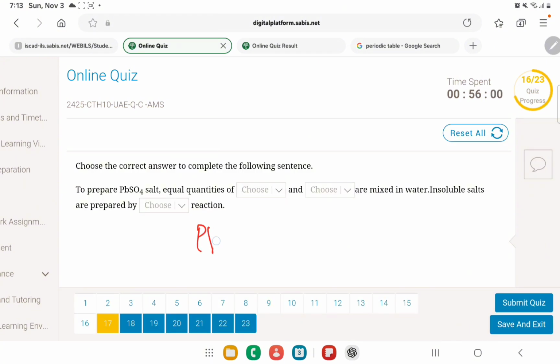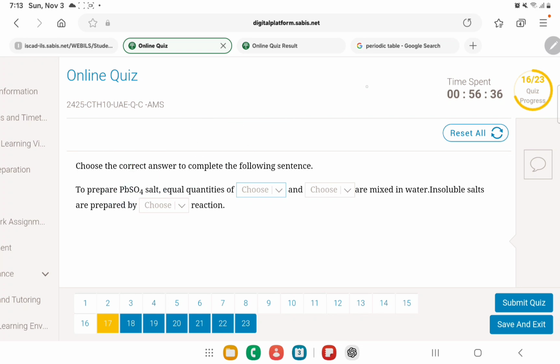To prepare PbSO4, equal quantities of... Okay, so first we're going to check if it's soluble or insoluble, so we know which method we need to use to prepare it. We know SO4 is always soluble except when it comes with Ba, Ca, and Pb, and here it's with Pb, so it's insoluble.